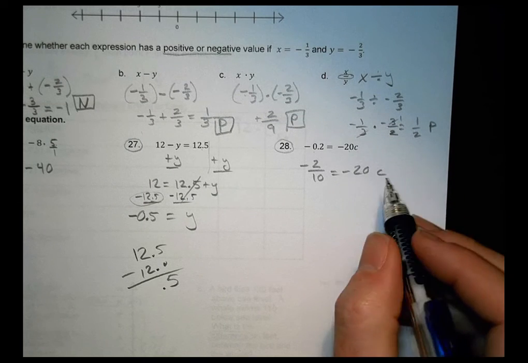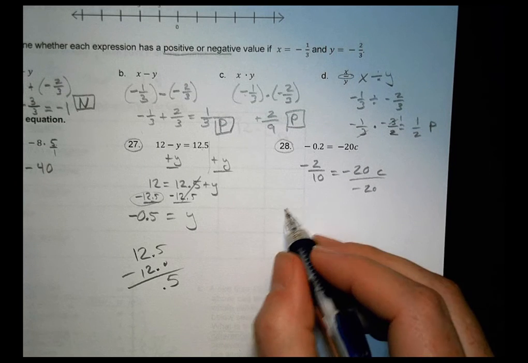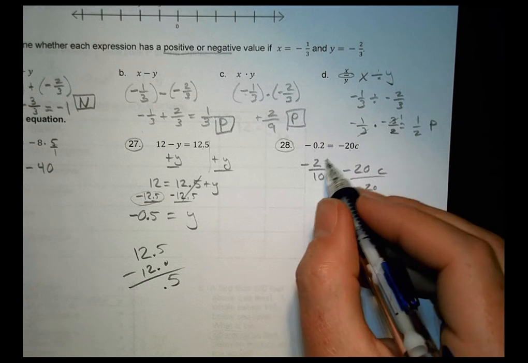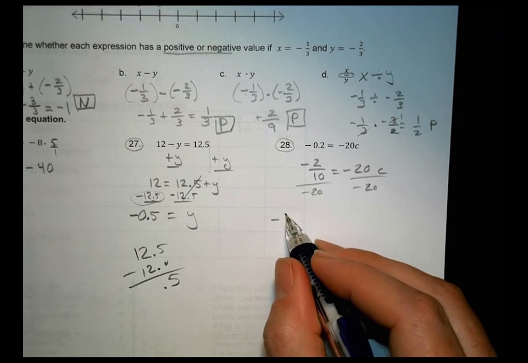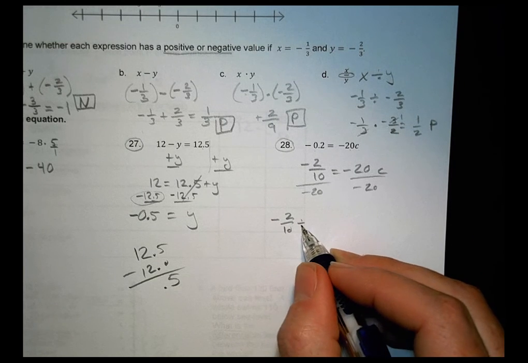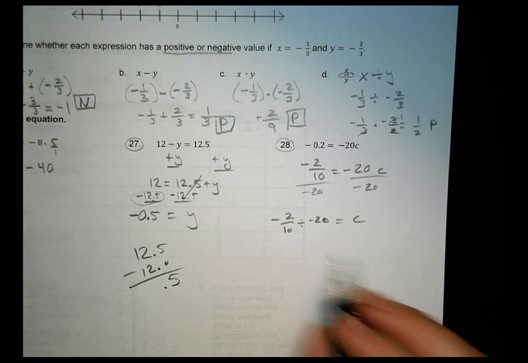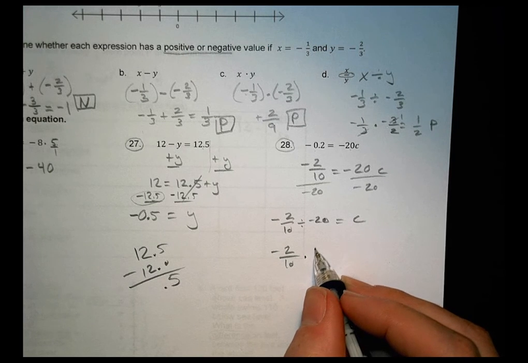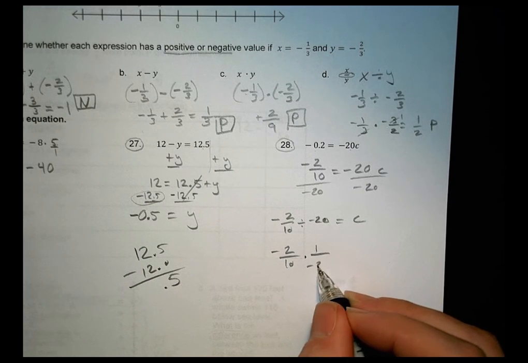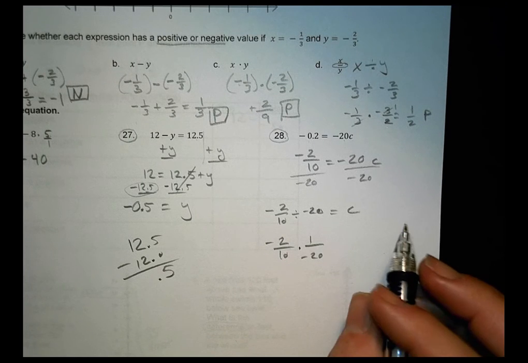I'm going to divide this side by negative 20, and I'm going to think about this as being divided by negative 20, or I could write it like this: negative 2/10 divided by negative 20 equals c, which I could rewrite as negative 2/10 times 1 over negative 20, right? Divided by 20 is like that, multiplied by the reciprocal.